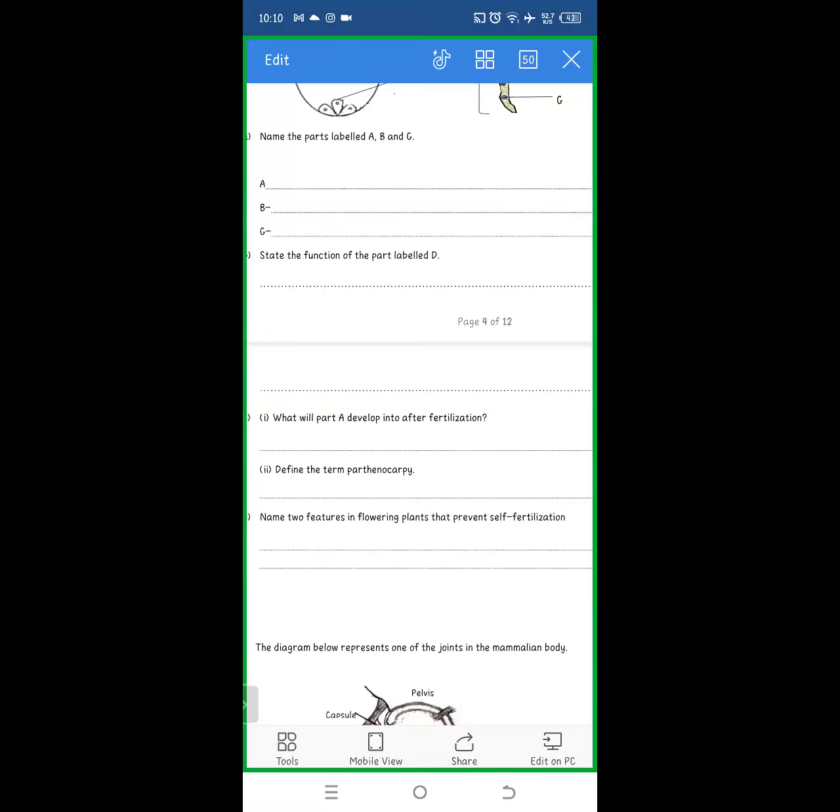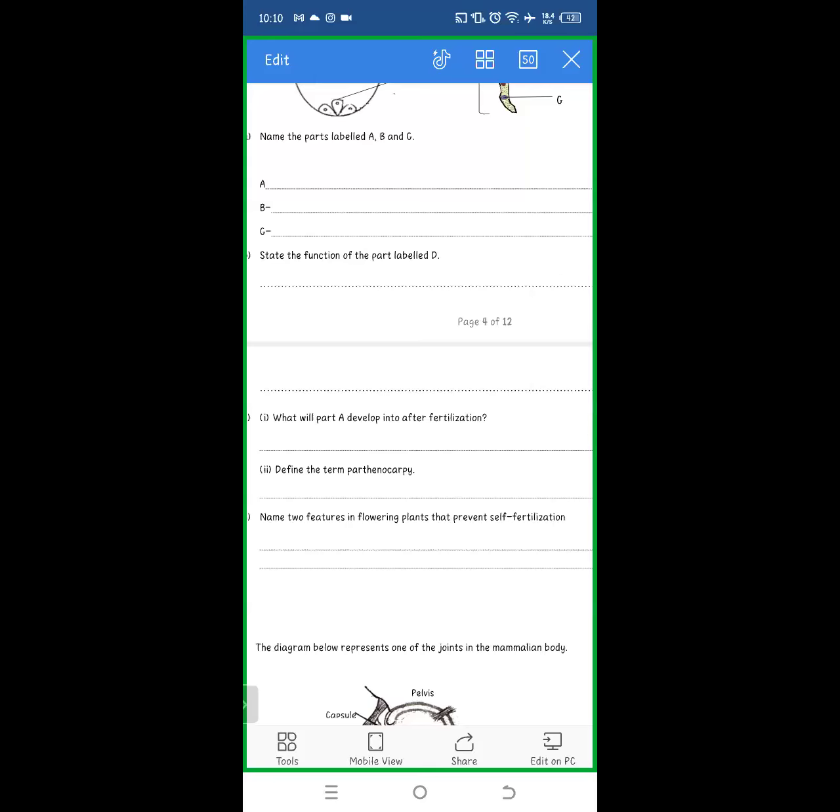Self-sterility. Self-sterility, any other? Protandry. Protandry, any other? Heterostyly. Heterostyly.